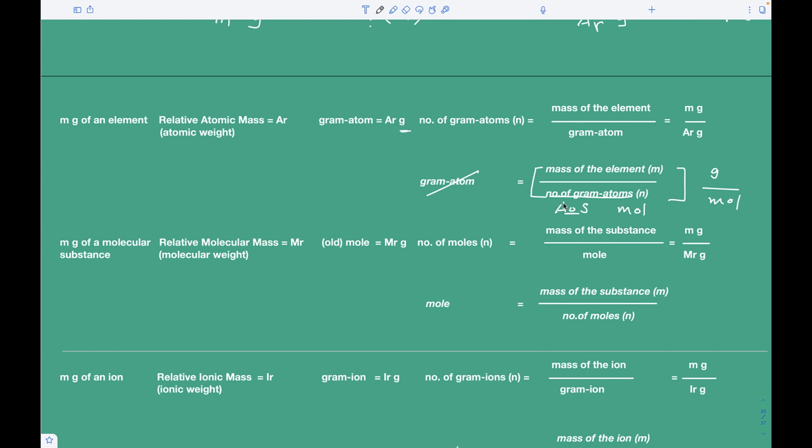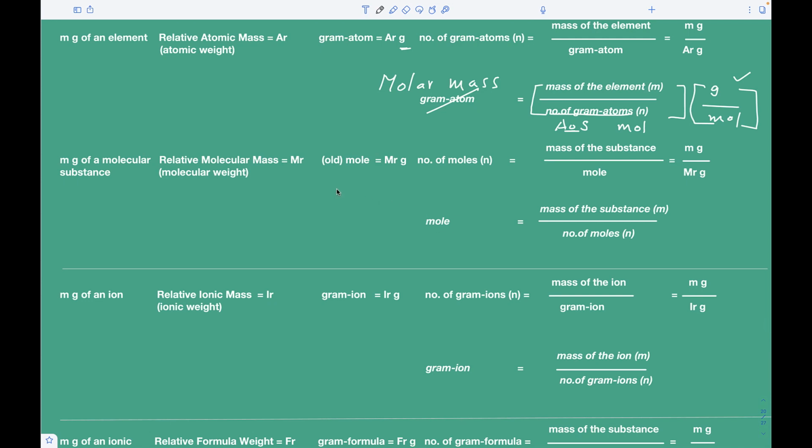But when we replace number of gram atoms with amount of substance that has the unit mole, we changed its dimensions. So this ratio must be given a new name, and the new name given is molar mass. So molar mass of an element is the ratio between mass of the element and amount of substance, and its unit is gram per mole.